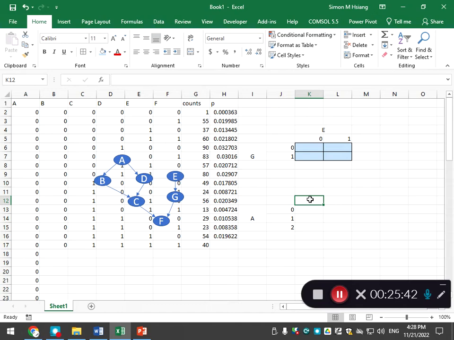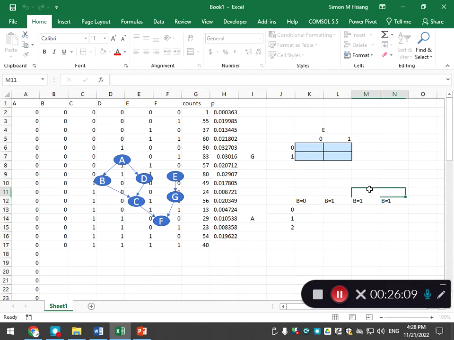B is 0, or B is 1, or B is 0, B is 1. And what's on top? D is 0 or D is 1. So basically, if, sorry, I got it wrong.